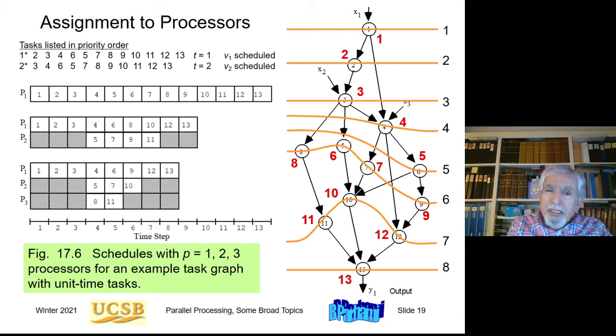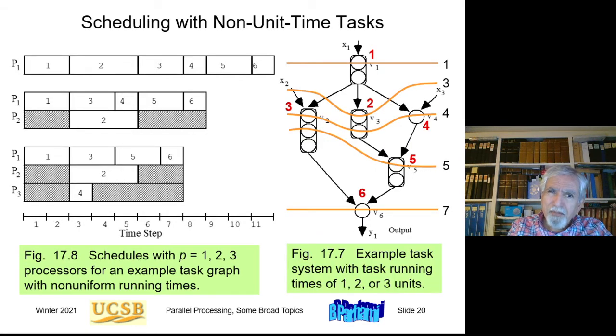Okay, so this list scheduling algorithm is a reasonably good heuristic. It does well in most cases. Of course, for any heuristic, no matter what domain it is in, you can construct a worst case example. An adversary can construct the worst case example that defeats that heuristic. You can do that with any heuristic, including list scheduling.